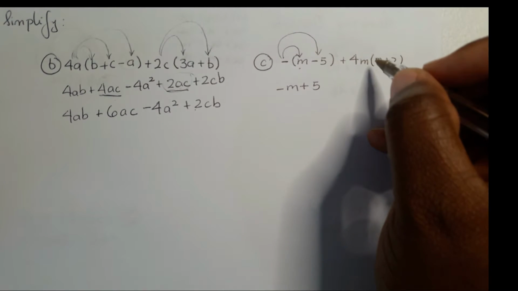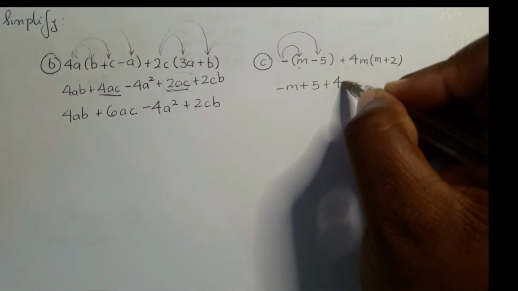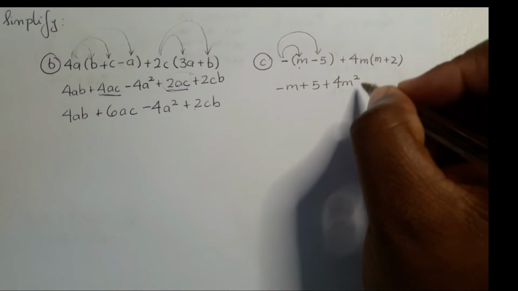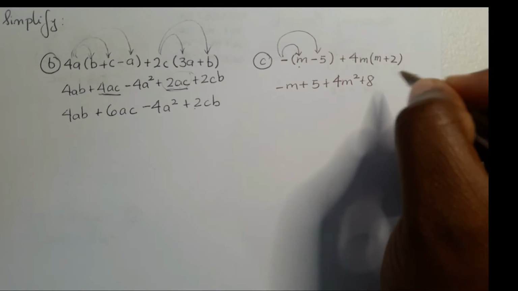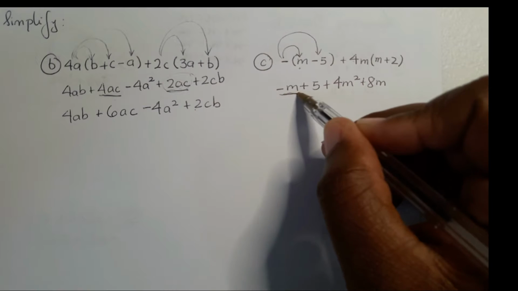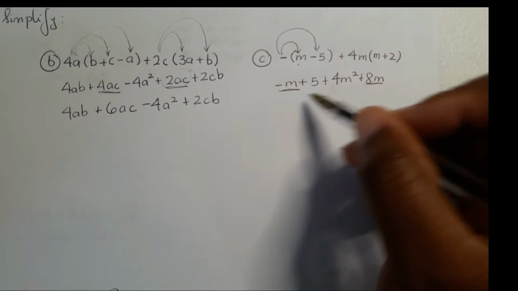And here we have 4m times m, which will give you 4m squared. And this will give you 8m. Look for terms that are the same. This has an m, and this has an m. Nothing else has only an m.